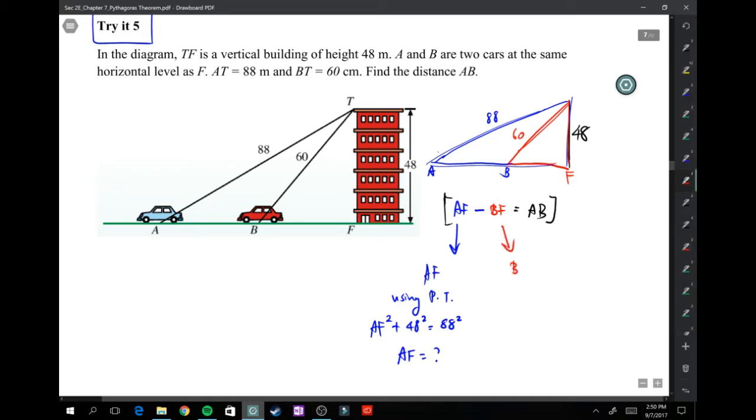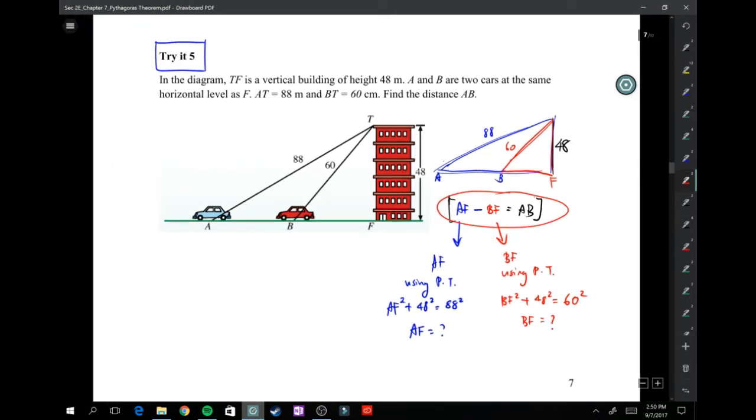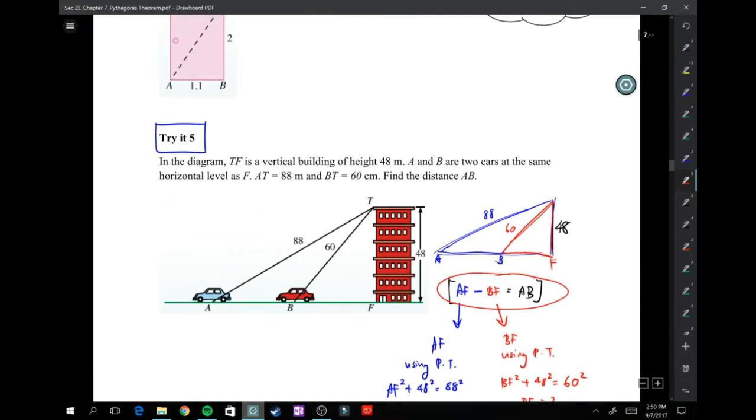Same thing. BF can be found using Pythagoras theorem, and that is BF square plus 48 square equals 60 square. So what is BF? I'm sure you can do the math yourself too, and after that you can proceed to find AB. So this is a simple application of Pythagoras theorem in a question like this.